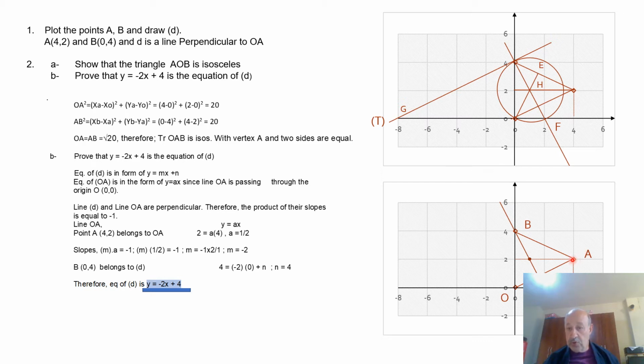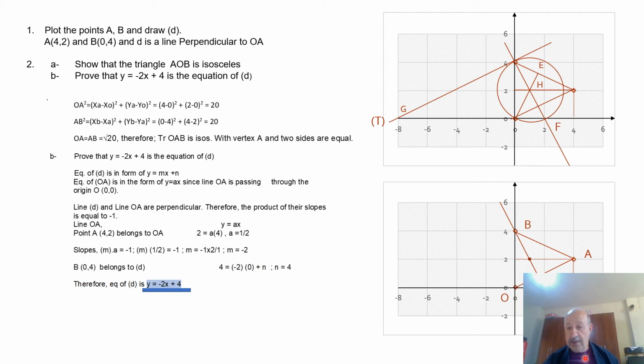So (4, 2) should satisfy the equation of OA. So we put 2 equals a times 4, a equals half. What is a? a is the slope of OA, the direction slope of OA.